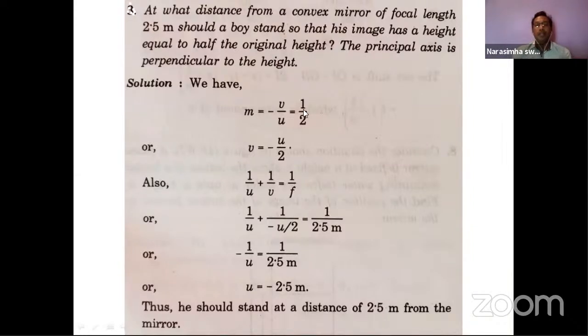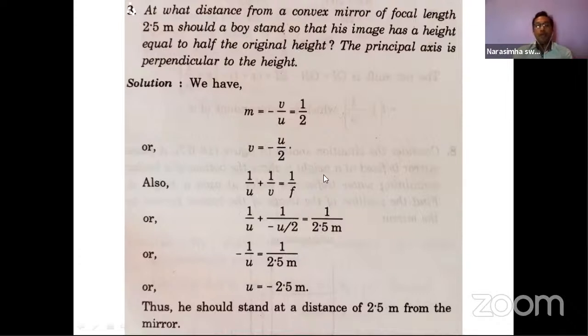So magnification is 1 by 2. And the image distance is then u by 2.